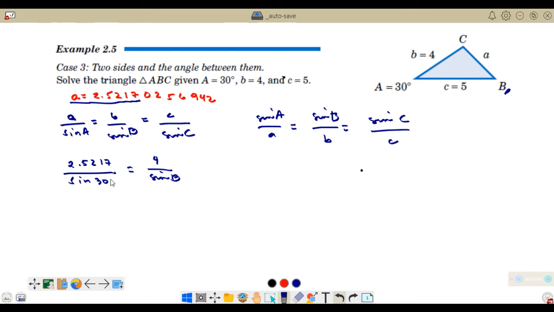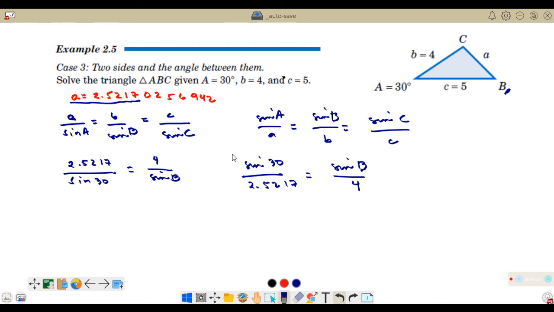So, we are going to get the reciprocal of our ratios. We have sine 30 over 2.5217, which is equal to sine B over 4. This way, sine B is already in the numerator, so there are fewer operations.